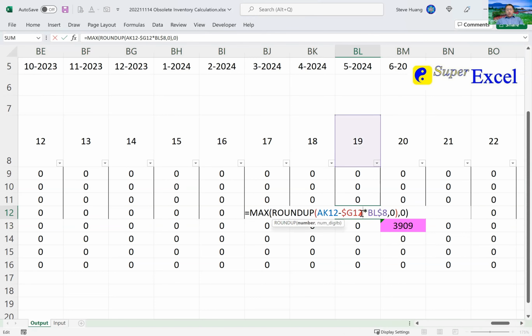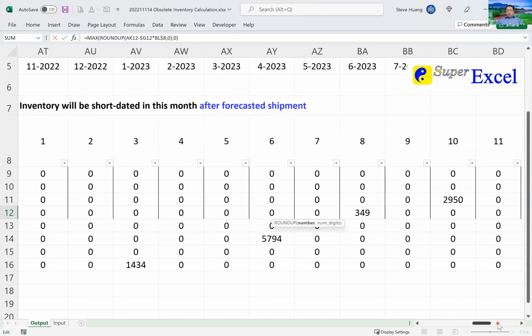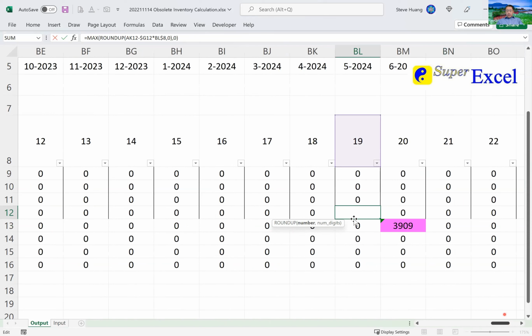Because our formula here is looking at the inventory that will be short dated in the 19th month, AK12, which is over here, 11,007 units. We use that inventory to subtract the G12, which is that monthly forecast, times 19.